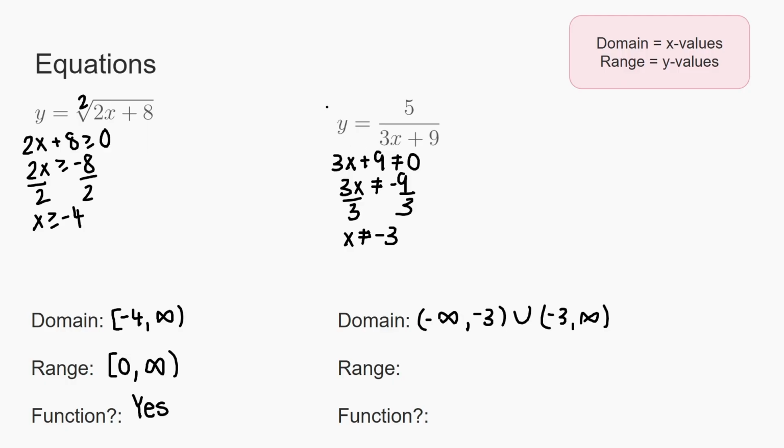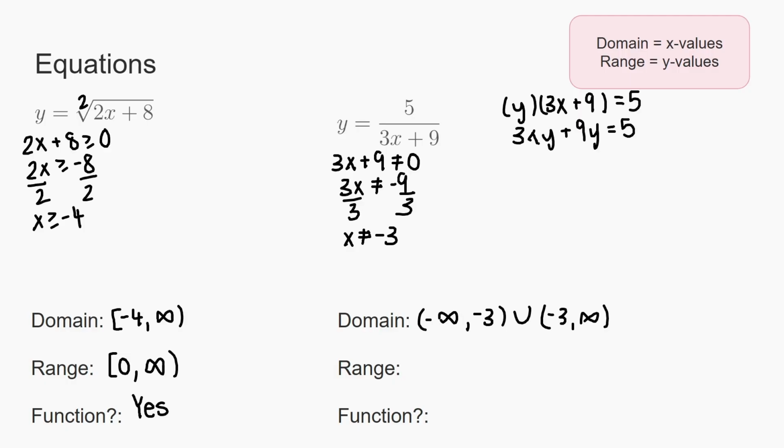So, we're solving for y here, but instead, let's try solving this entire expression for x. So we can multiply this out by doing cross multiplication and doing y times 3x plus 9 equals 5. Multiplying this out, we get 3xy plus 9y equals 5.